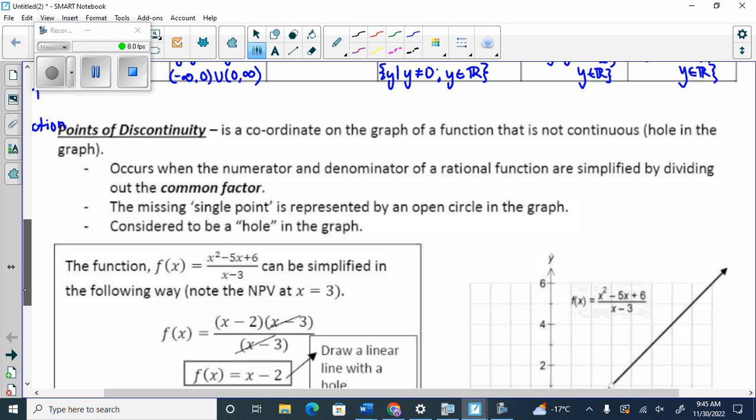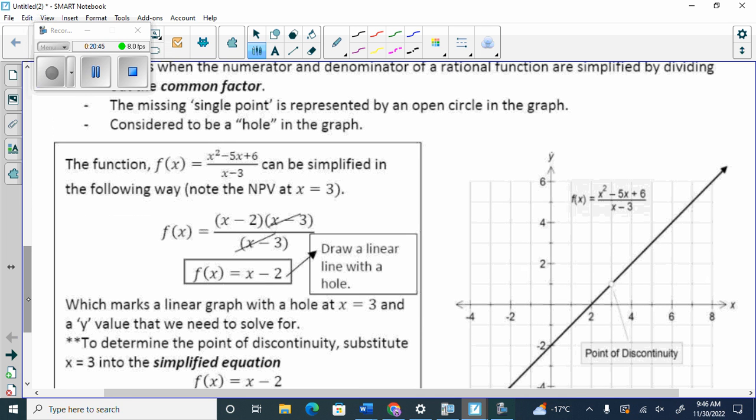It occurs when the numerator and denominator of a rational function are simplified by dividing out the common factor. This missing single point is represented by an open circle in the graph, considered to be a hole. We call it a point of discontinuity in 30-1, and in calculus they call it a removable discontinuity, which means they just take it out. We're going to call it point of discontinuity, because that's what they call it.